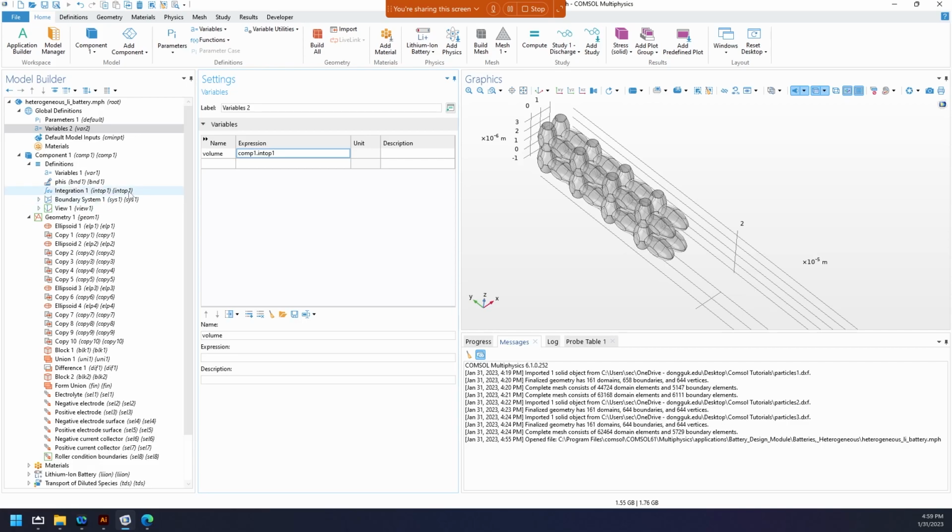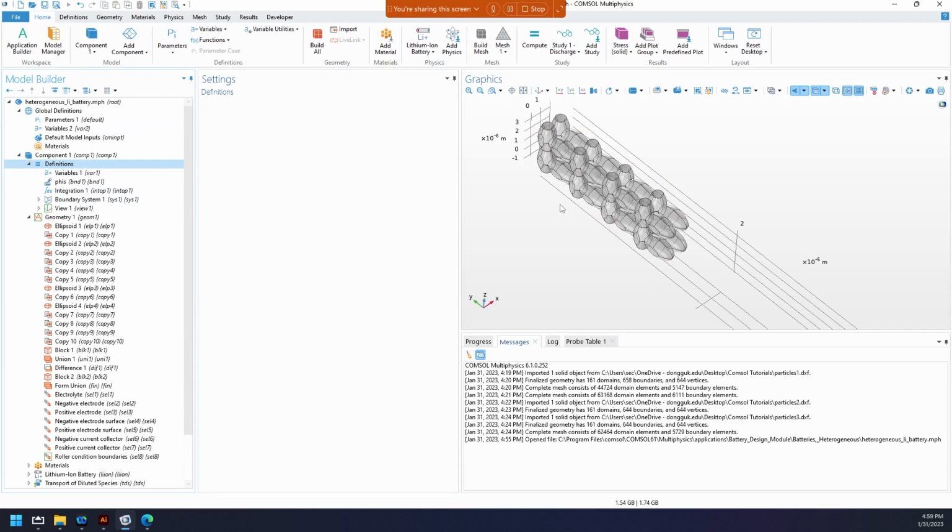If it is intop2 or intop3, you have to write that integration parameter name. So it's volume, and we can see the unit is meter cubed. We know that it's volume.